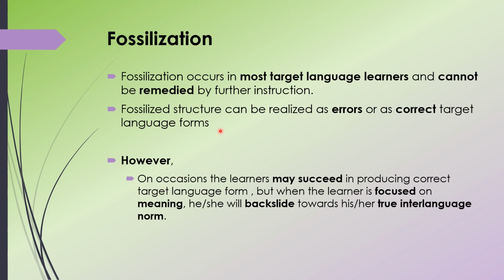So if you have developed correct target language forms, then it will be fine, but if you have different forms, they will be referred to as errors. However, on some occasions the learners may succeed in producing the correct target language form. But when the learner is focused on meaning, he or she will backslide towards his or her true interlanguage norm.